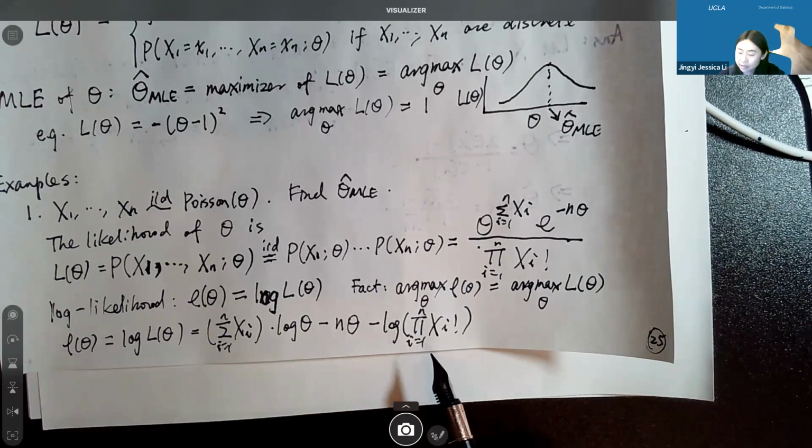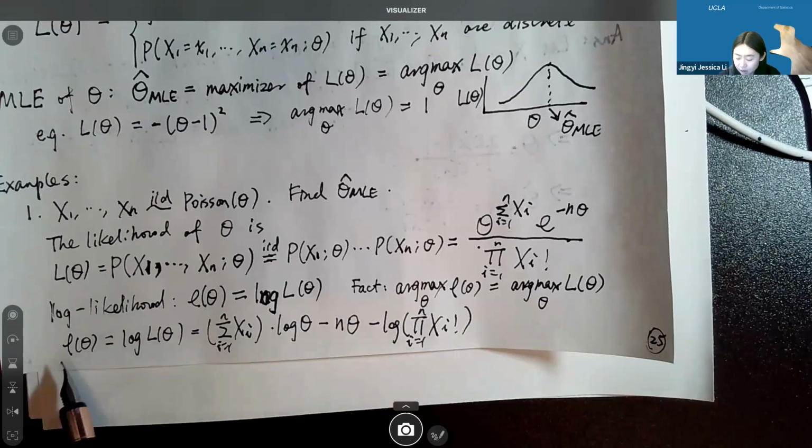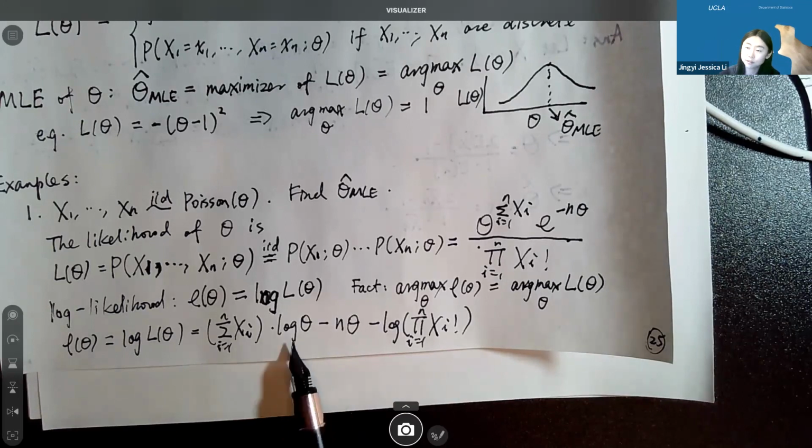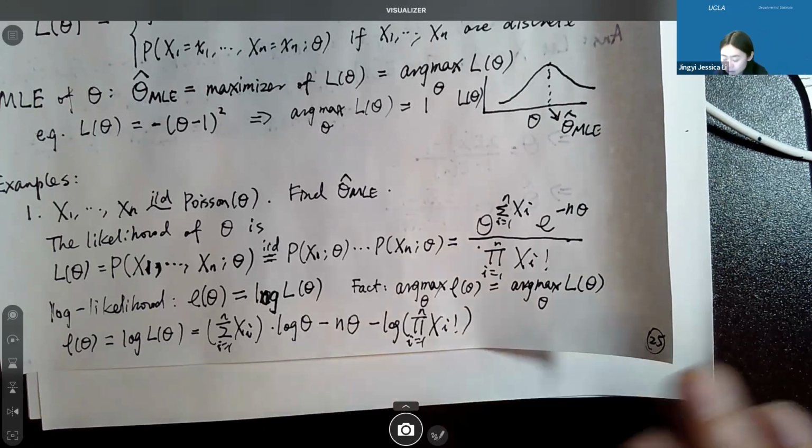The maximizer theta of this function is only related to maximizing the first two terms, because they are the only two terms involving theta. Now let's follow our strategy and do the differentiation, because log theta is differentiable, at least twice differentiable, and theta is also differentiable.